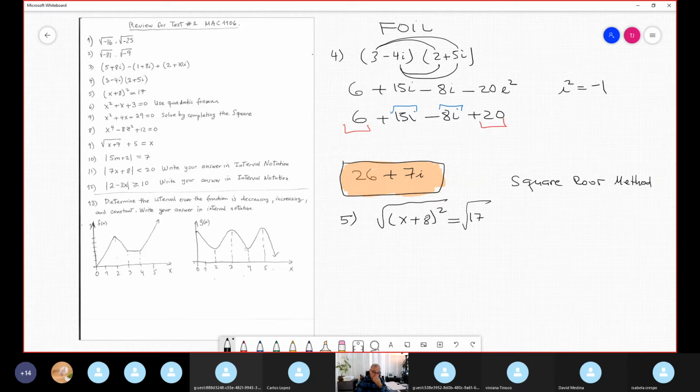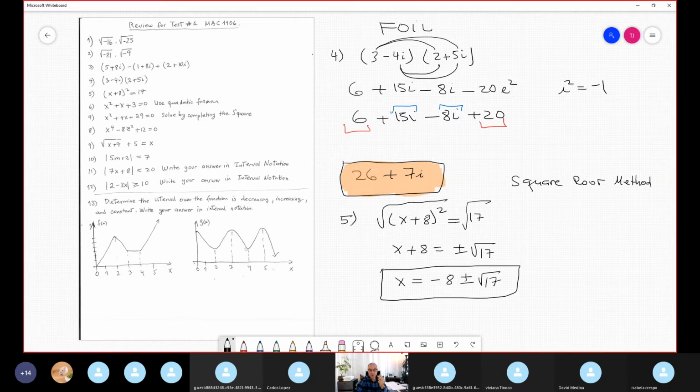And so the square root and square powers cancel out each other, and we have plus or minus. This is the only thing you have to remember. Square root contains 2 values. The positive is the main, the most important, but the negative is also a solution. Therefore, x, is my goal, is minus a plus or minus radical 17.